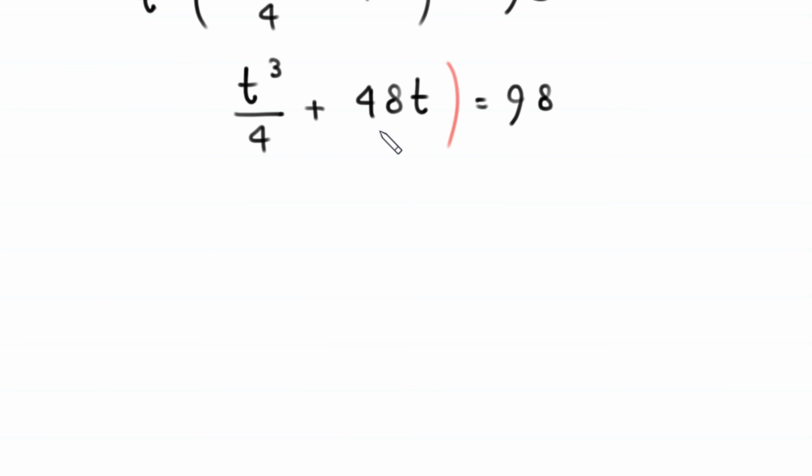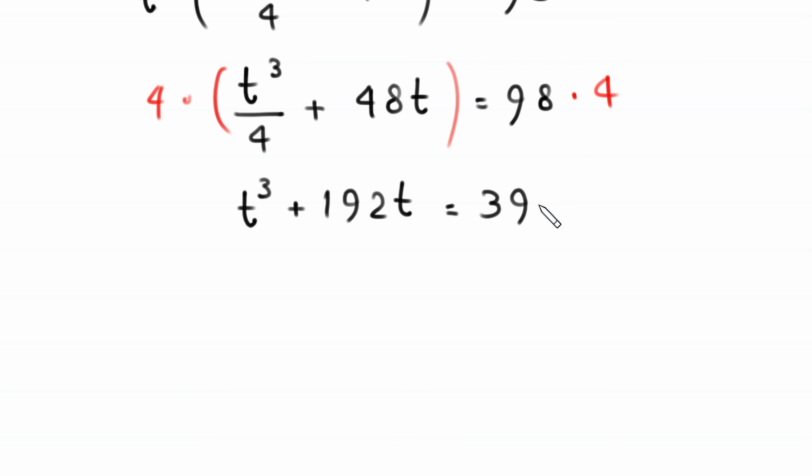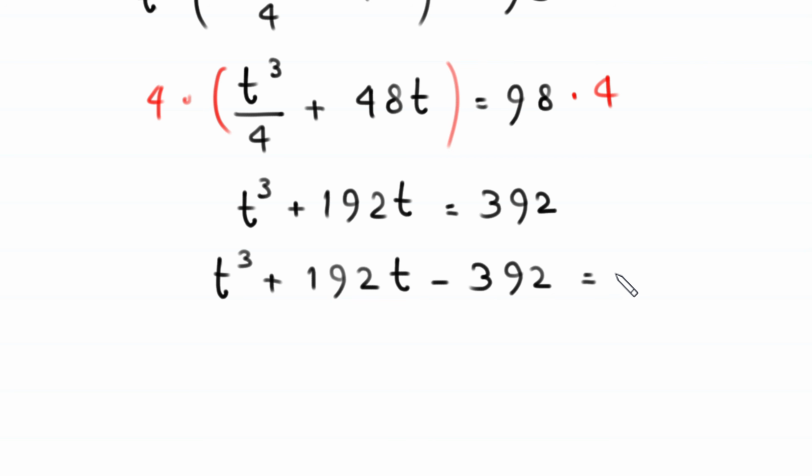We multiply both sides of this equation by 4. So 4 times t cubed over 4 will become t cubed, and 4 times 48t will become plus 192 times t equal to 98 times 4 is 392. Move this 392 to the left hand side, equation will become t cubed plus 192 times t minus 392 equal to 0.